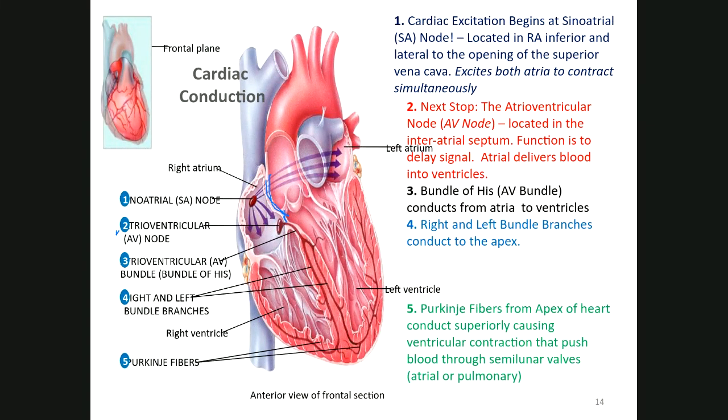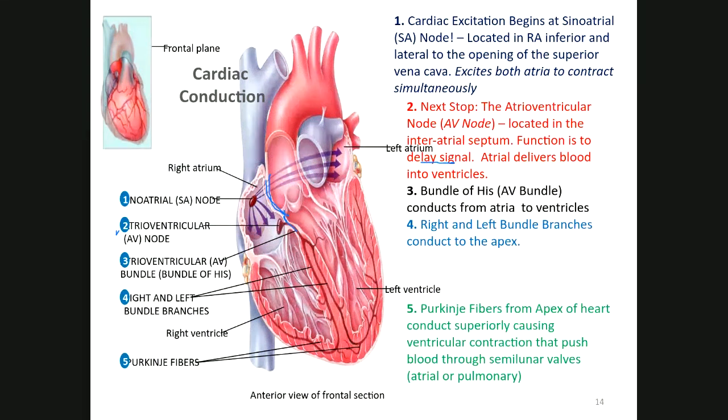During this period there's going to be a slight delay in the signal, which is the period of time after the SA node initiates. Both atria are going to contract at the same time. When these contract, it's going to push the blood in those chambers into the ventricles.